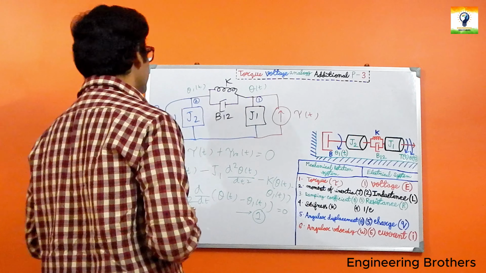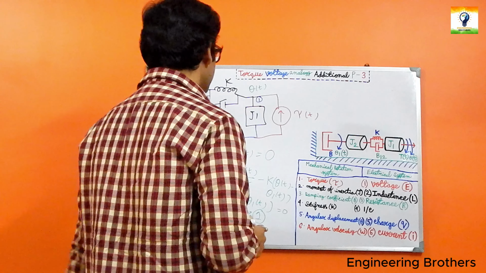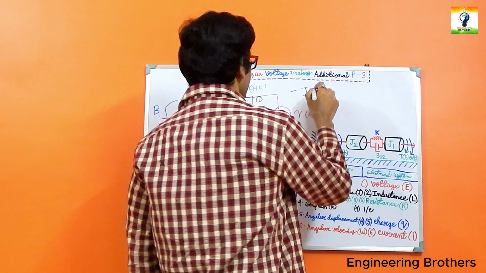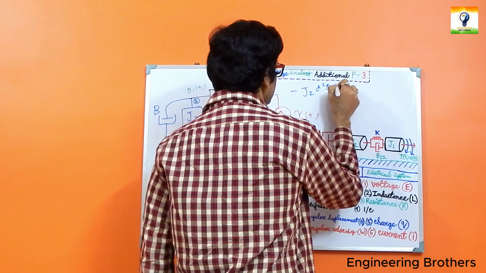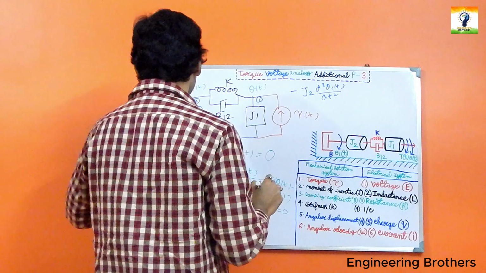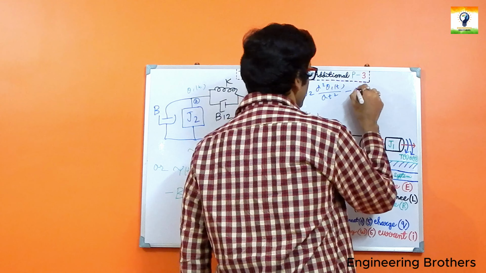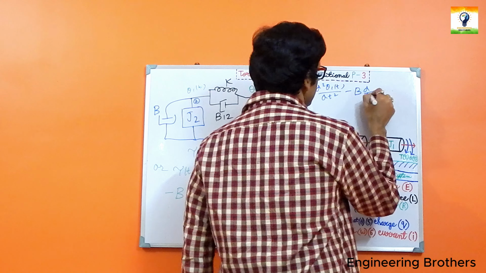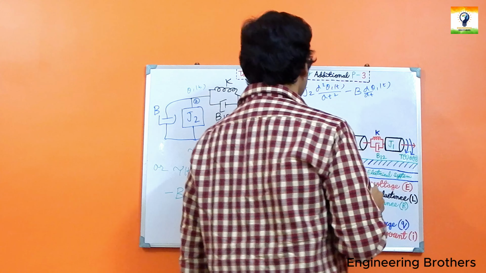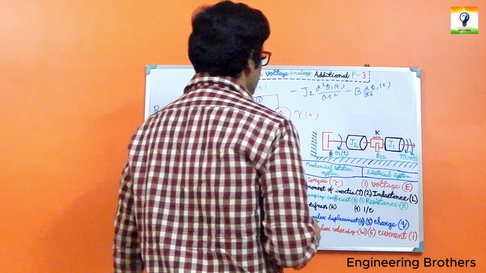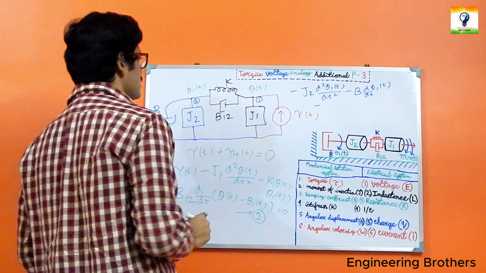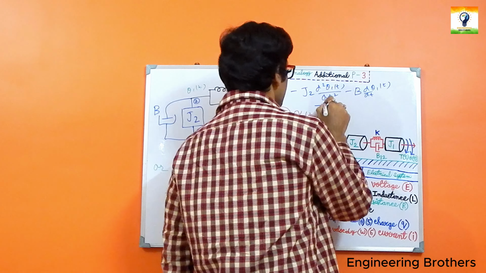Apply the D'Alembert principle at node 2, then the equation will be: minus J2 d2 theta 1t divided by dt2 for this element, and for the next one we have minus B d dt of theta 1t, and minus, now we can consider the common part, which is minus k.